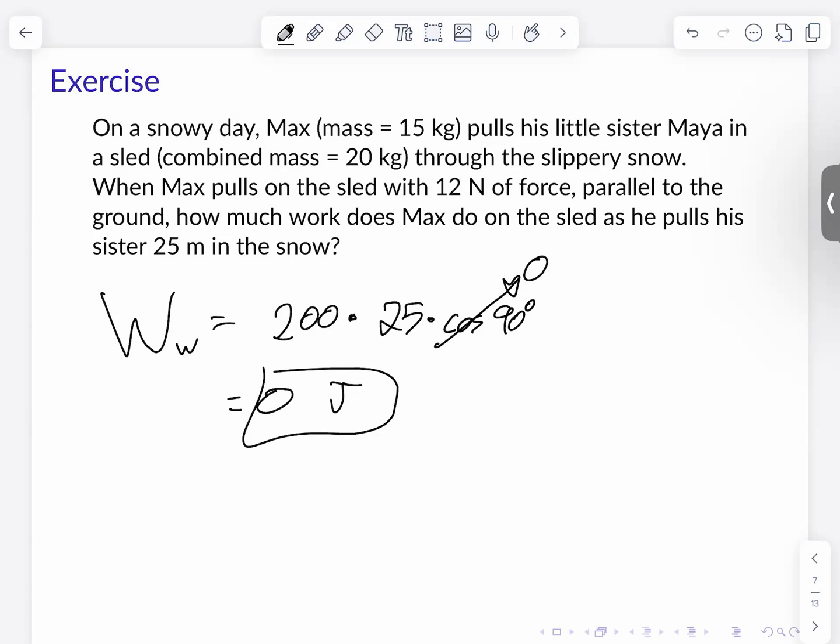Yeah, work coming in. Something's got to happen to the energy. What kind of energy?